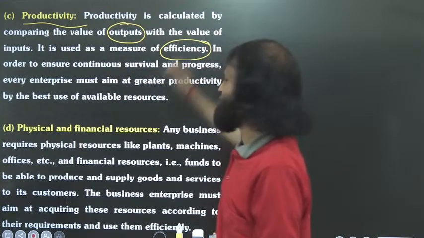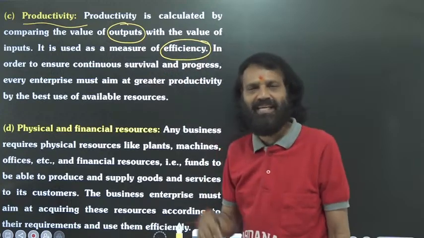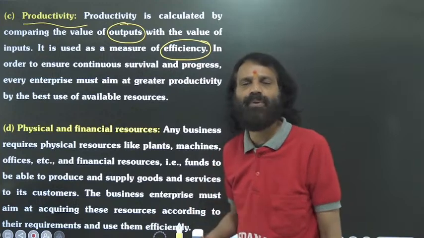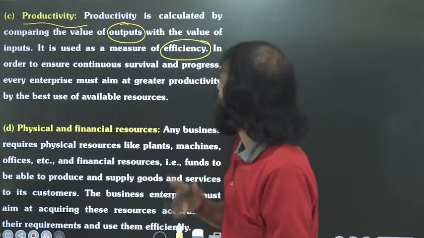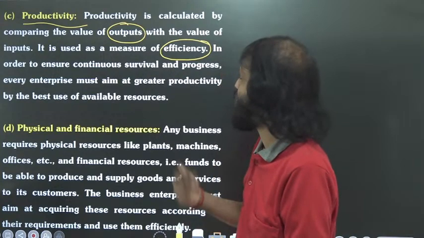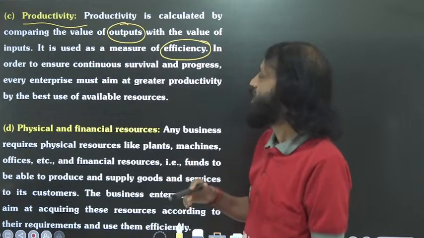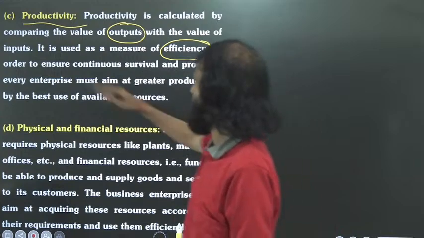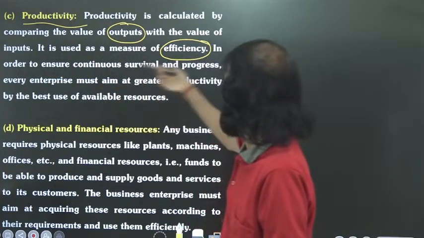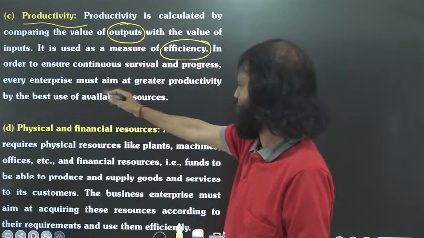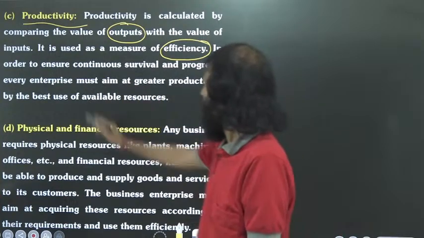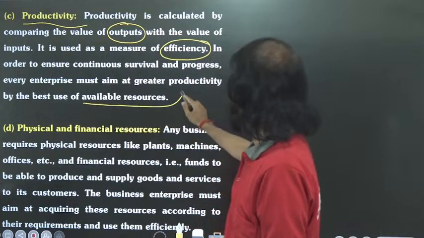A tree is known by its fruits. Like that, when people see your products, they will come to know what kind of efficiency you have and whether you are capable of producing better products or not. In order to ensure continuous survival and progress, every enterprise must aim at greater productivity by the best use of available resources.